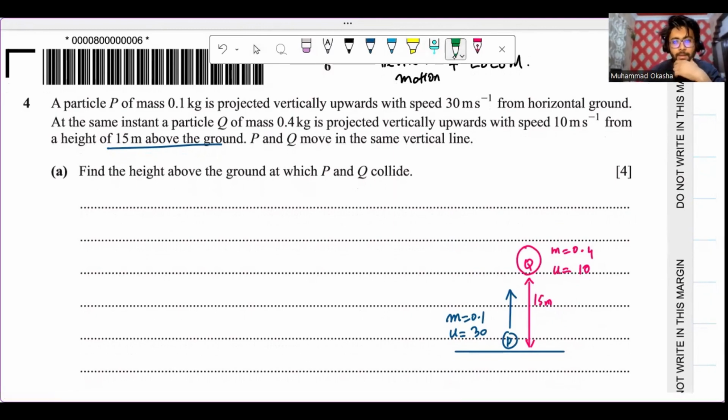So the height at which P and Q would collide would be the same vertical height above the ground, right?